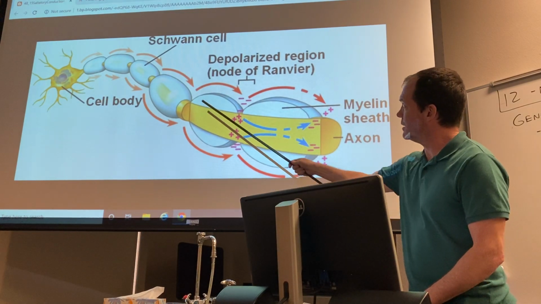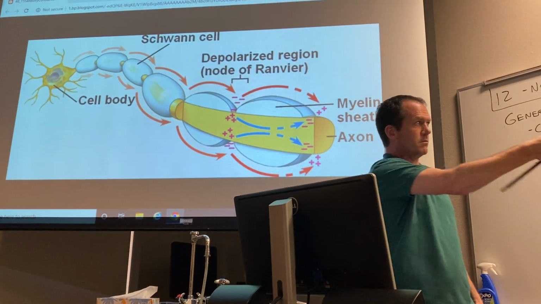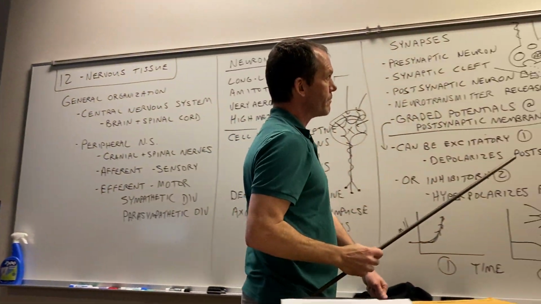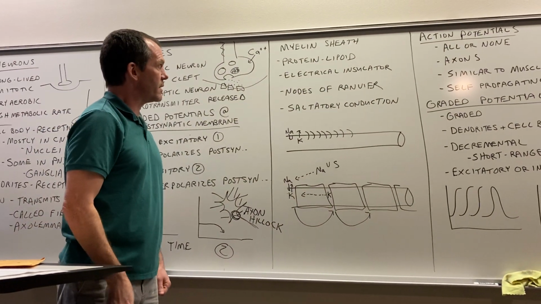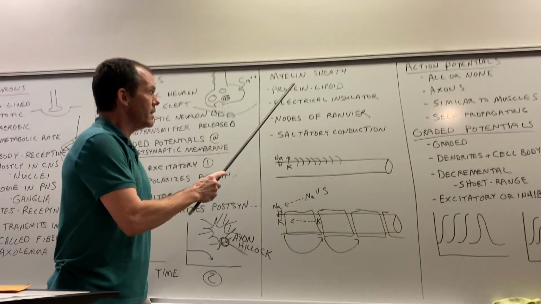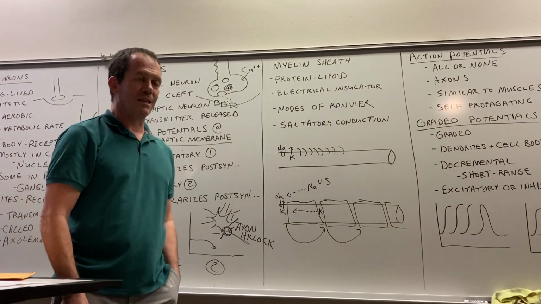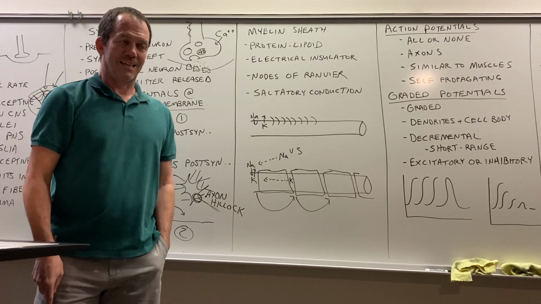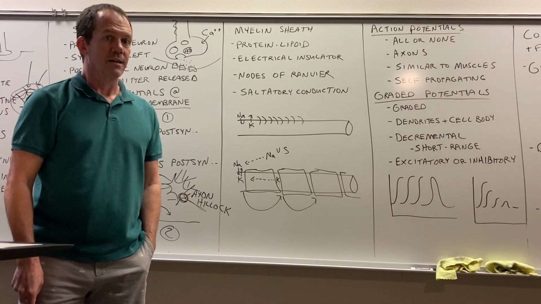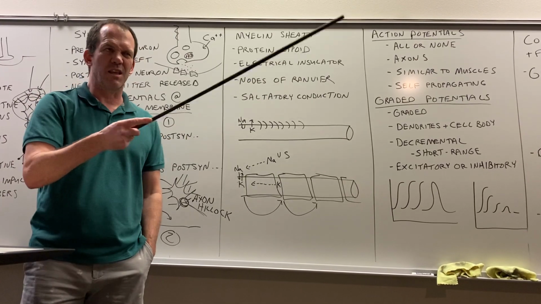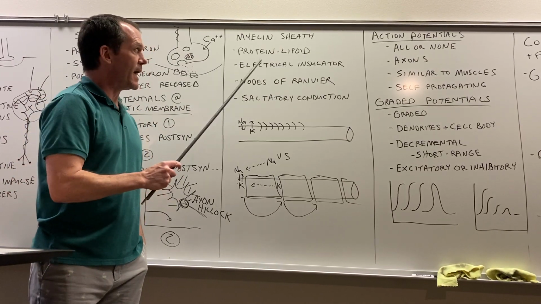All right, so in any case, let's go back over to the board where I talk about the myelin sheath specifically and tell you some details about it. It is a protein lipoid, and fats tend to act as electrical insulators. So this is a protein with lipid functional groups, and it does just that.